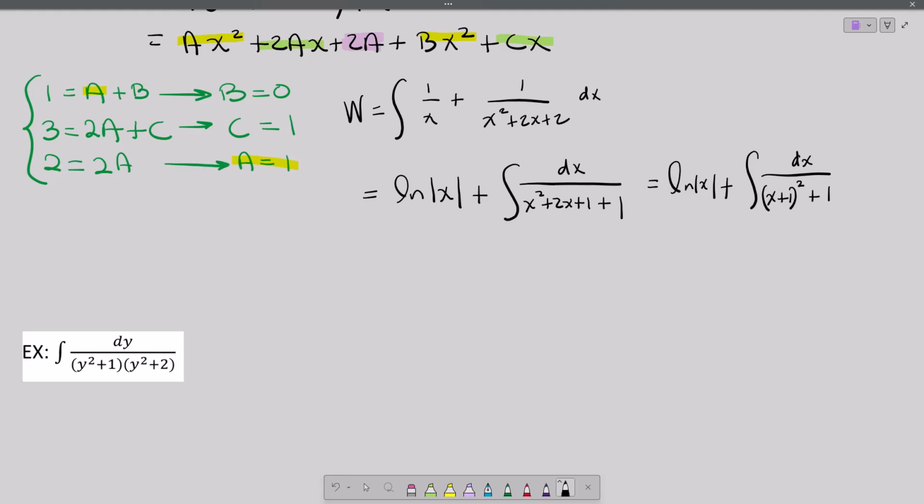That's in the specific arctangent form already, so we can just integrate it immediately. So we're going to have, as our final answer, natural log of the absolute value of x plus arctangent of x plus 1 plus c.